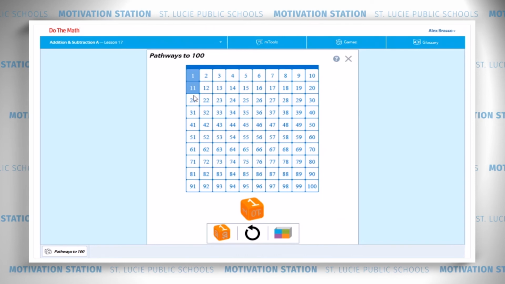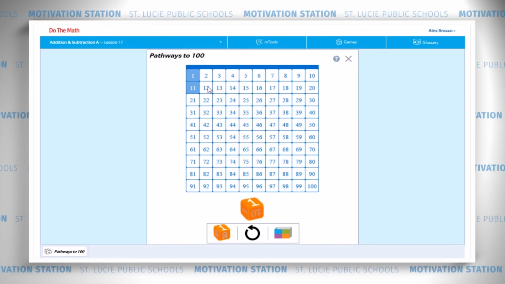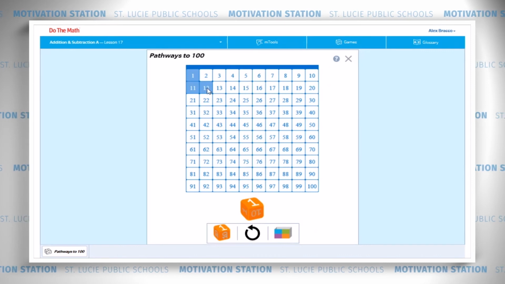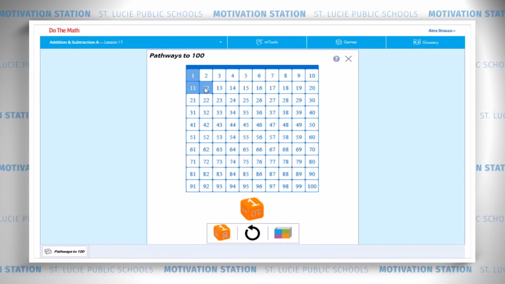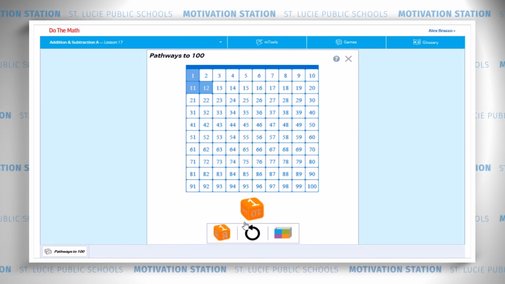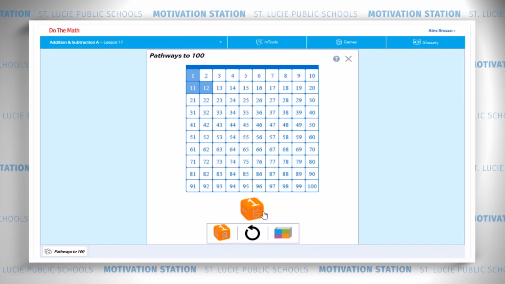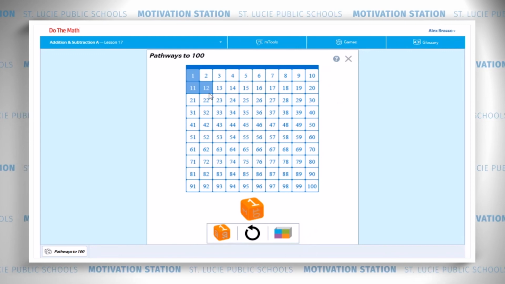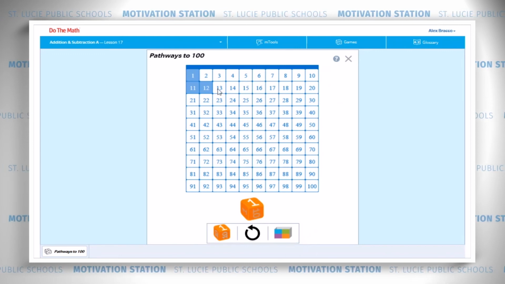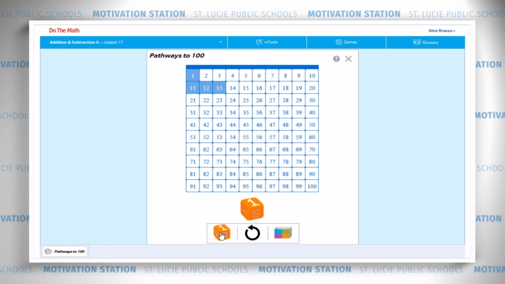And counting on, 11 plus 1 more is 12. Okay, so now I have my 12 shaded in. What are we going to do? Correct. Roll the dice again. And I have another 1. So 12 plus 1 is 13. Okay. Roll again.